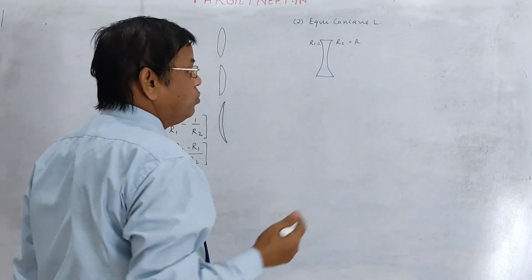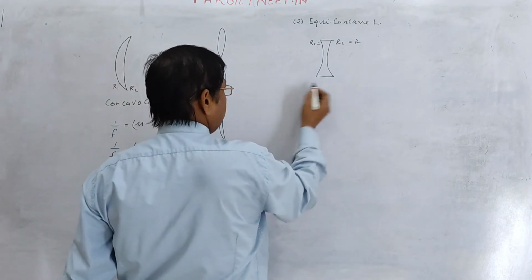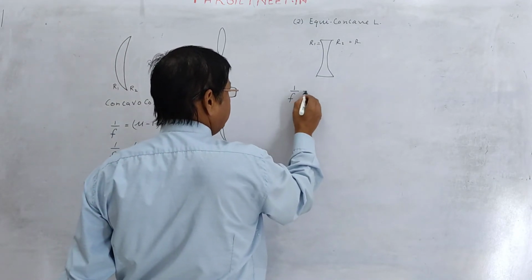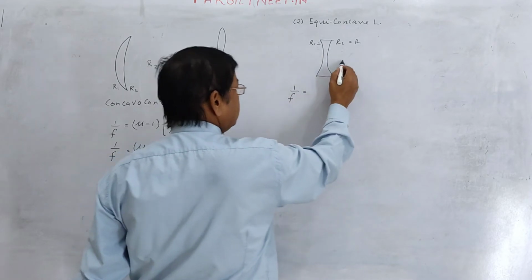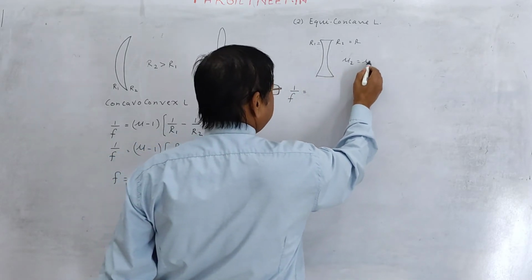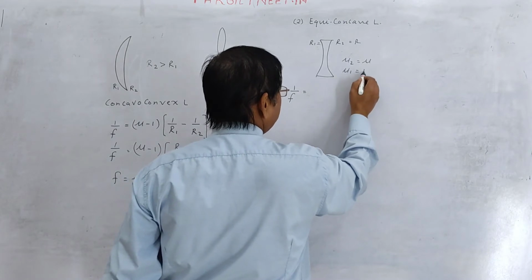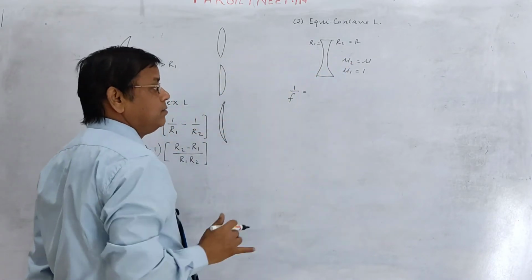R1 equal to R2 equal to R. So what is focal length? 1 upon f is, suppose the lens material has a refractive index mu, and suppose this lens is kept in air.